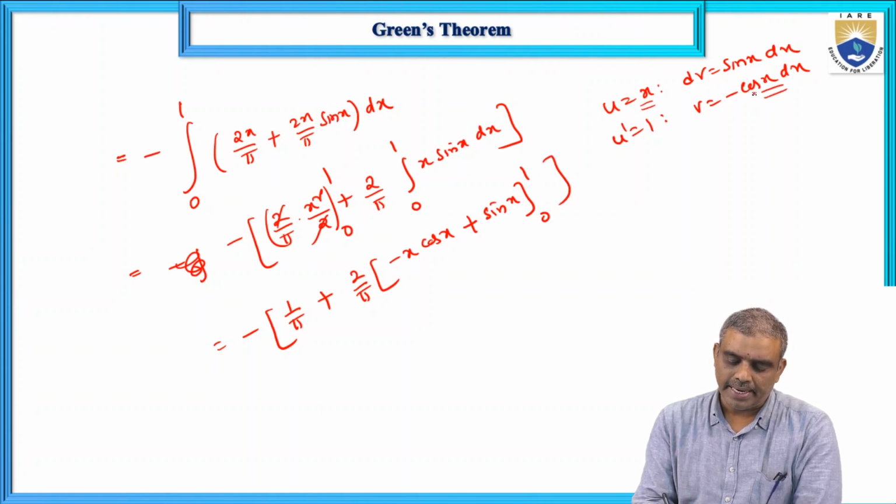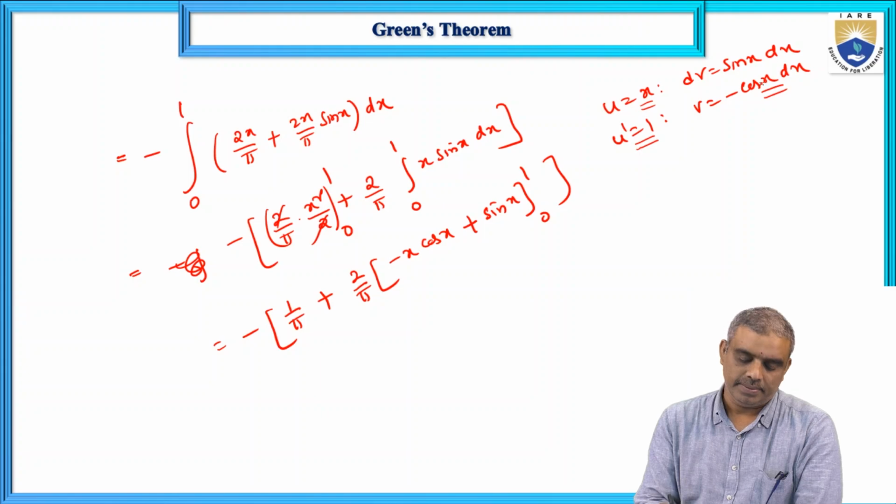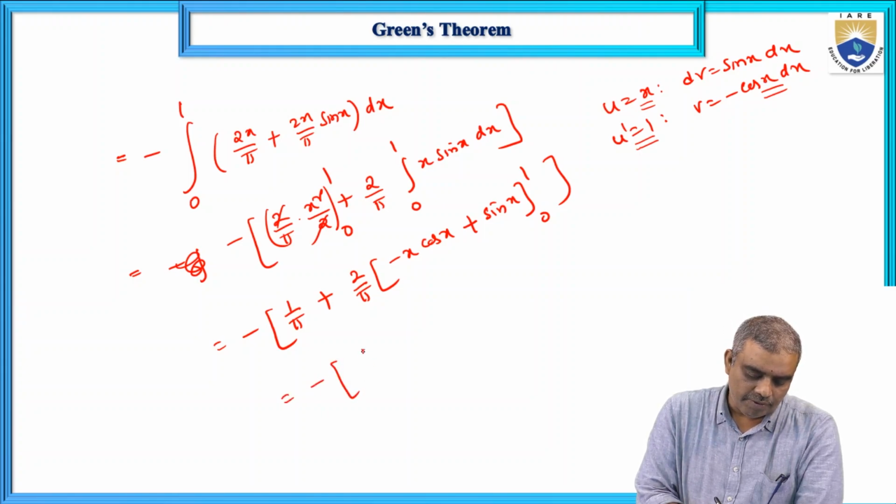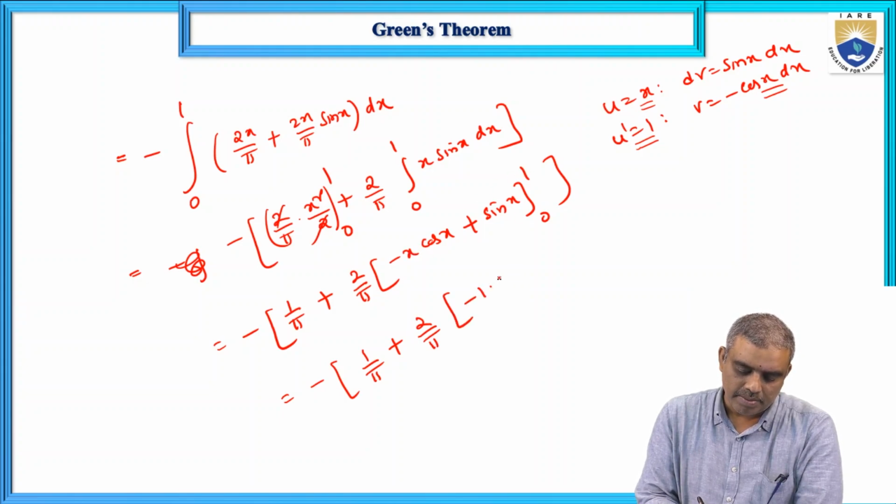So minus of 1 by pi plus 2 by pi, here instead of x I put the upper limit: minus cos 1 plus sin 1, and the lower limit 0 gives 0.